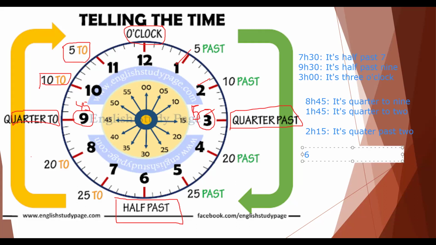Supongamos que sean las 6:43. ¿Cómo decimos ahí? Volunteers. It's 17 to 7.